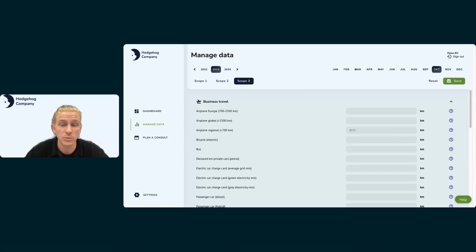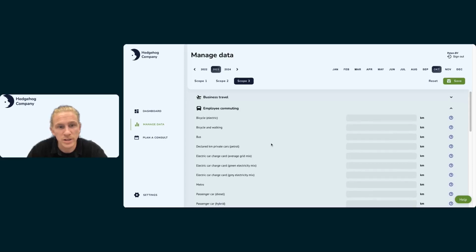So all the flights that we are taking, which were 5 in and 5 out, more or less, all flights that were taken, the total distance must be accounted or summed up and then reported in this category of flights, airplane regional. The reason that these are separated is that takeoff and landing during an airplane flight is relatively high in the consumption of kerosene, and therefore shorter flights are per kilometer with a higher emission factor of greenhouse gas emissions.